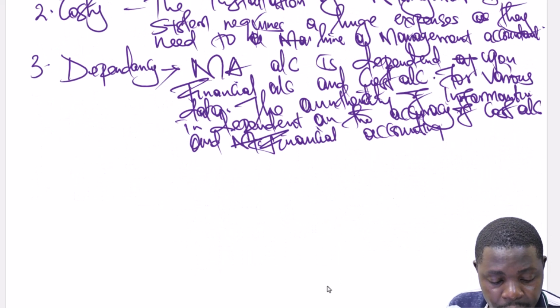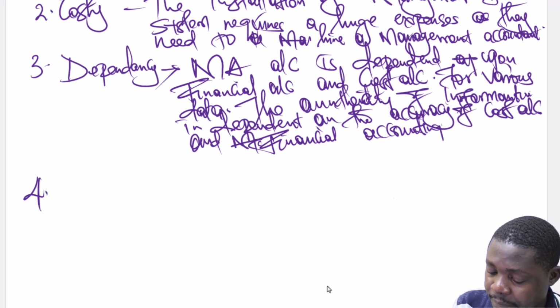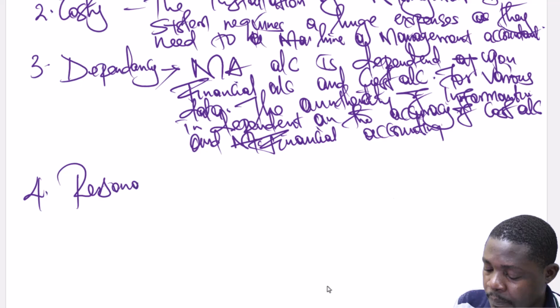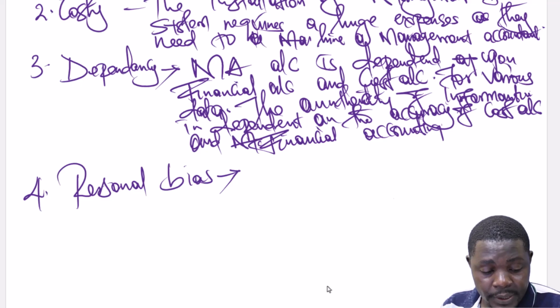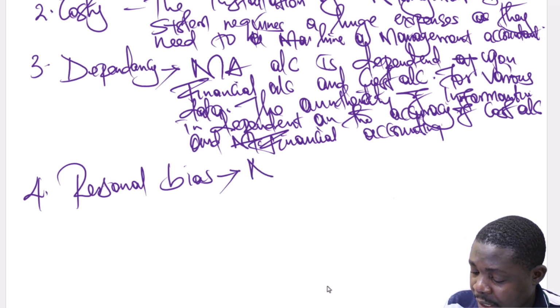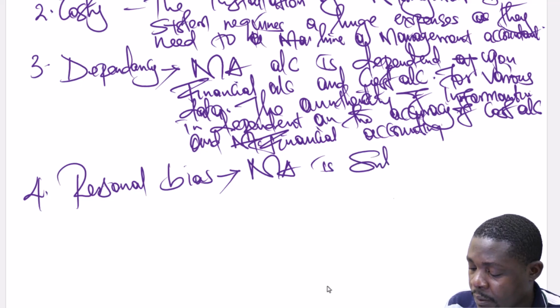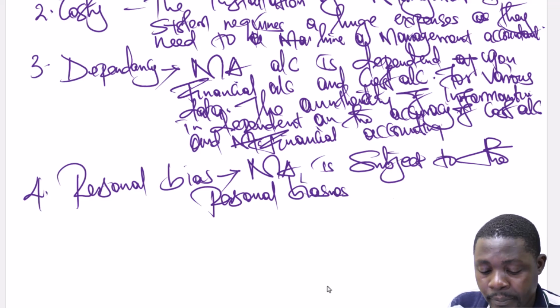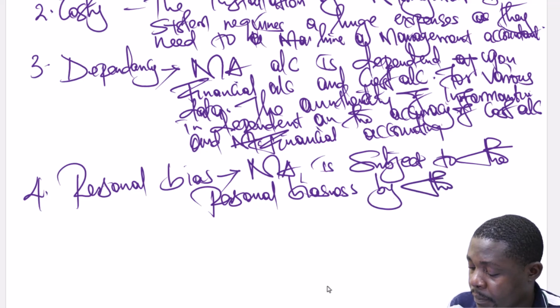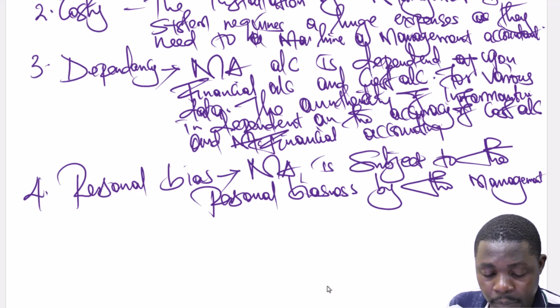Next, we talk of personal biasness. We say that management accounting is subject to personal bias by the management. Full stop.